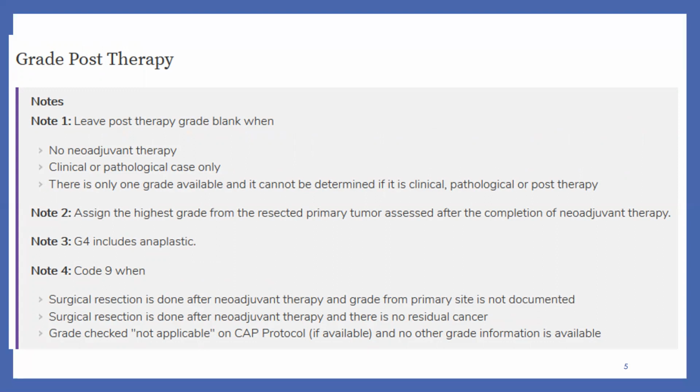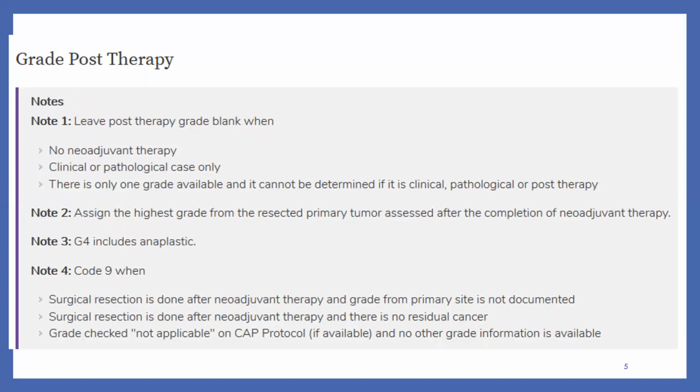This is going to be blank for the most cases, because if they don't have neoadjuvant therapy, or if it's a clinical or path case only, or if there's only one grade available and it cannot be determined if it's clinical, path, or post-therapy. Also assign the highest grade from the resected primary tumor after completion of neoadjuvant therapy. So this is where you'll put a grade from a resection if the patient had neoadjuvant therapy.